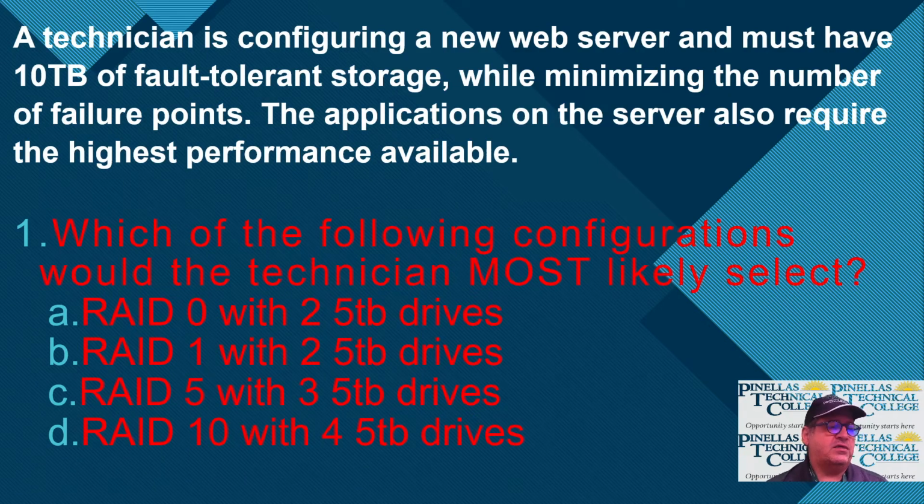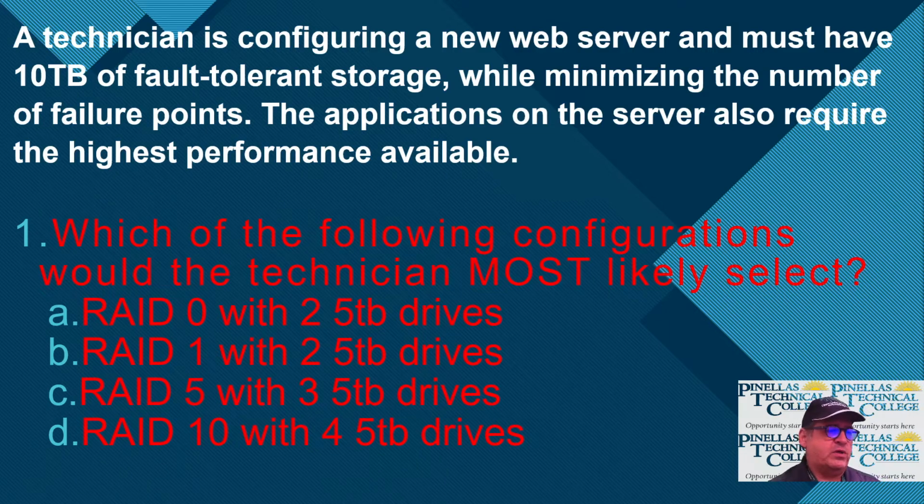C is a RAID 5, which has redundancy. We got 3 5 terabyte drives, and we're going to lose roughly 30% of that. So roughly 30% of 15 terabytes is going to bring us down to about 11 terabytes. So it does meet the space requirement, and it meets the requirement for redundancy. So we'll put that one on the shelf for now. It's possible.